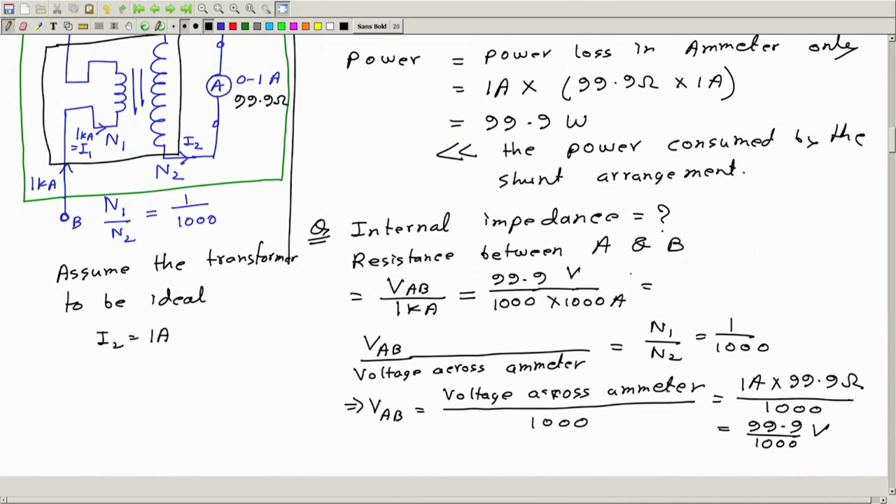So this is 99.9 into 10 to the power minus 6 ohm. Okay, so this is from here.